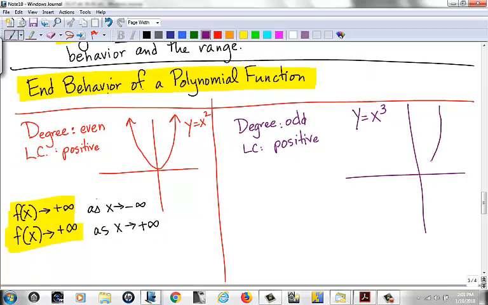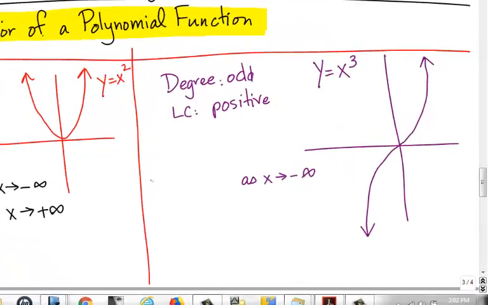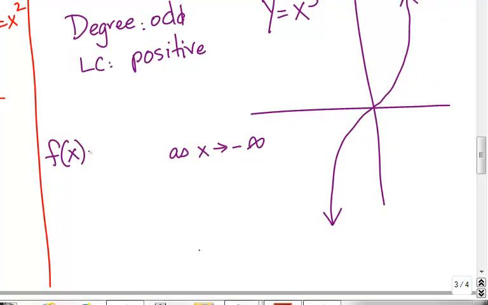It's going to go through the origin. It's going to be a curve like this. So as x goes to negative infinity, as x goes out here, what's y going to? Negative infinity. F of x goes to negative infinity.